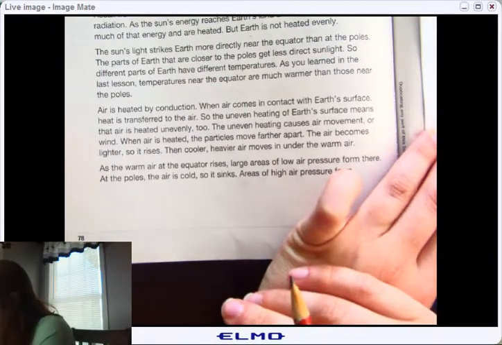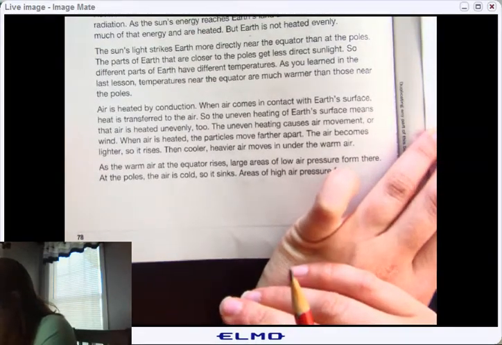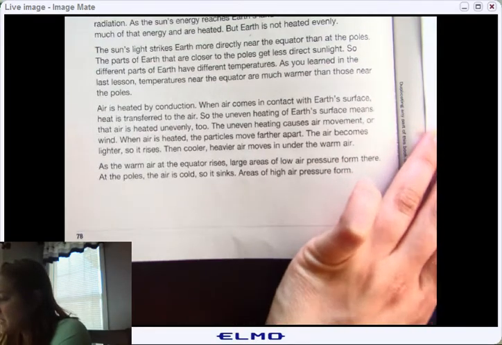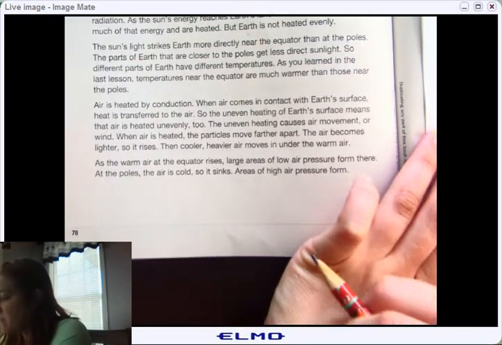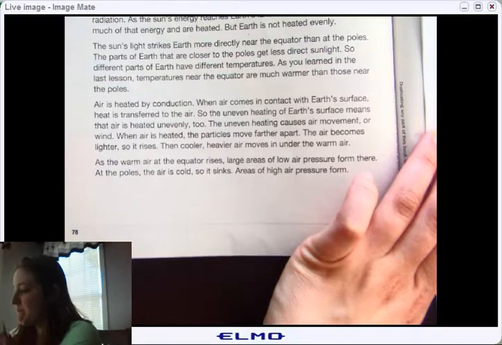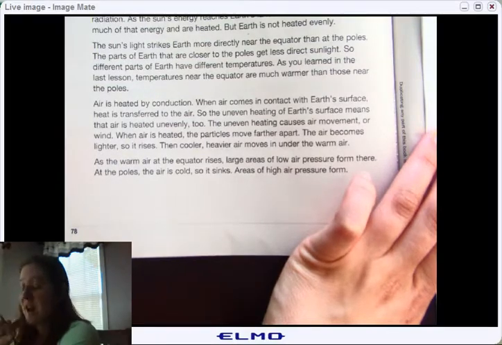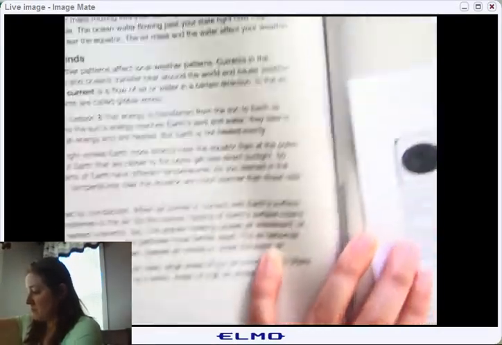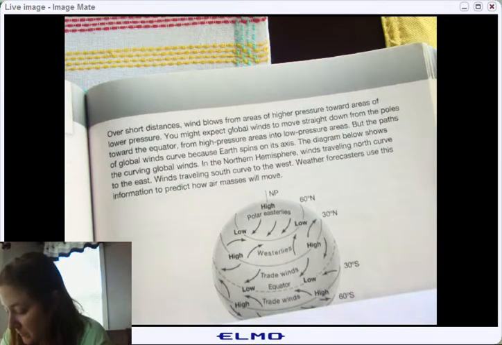Places near the equator receive more of the sun's energy than places near the... So places near the equator receive more than those near the what? Our poles, right?